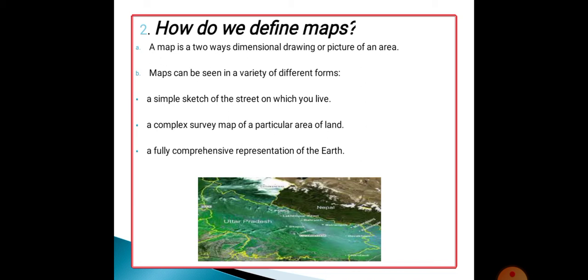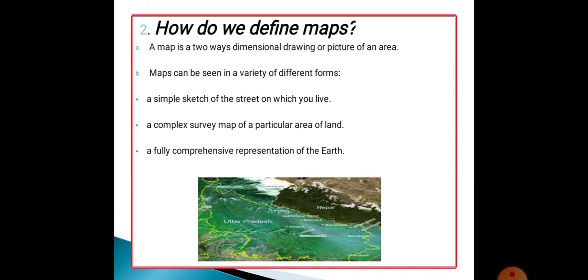Let's say if I stay in Yusufguda or Ameerpet, a simple sketch showing this is the place. Yeah, a complex survey map of a particular area of land. A particular area is there, let's say Hyderabad. It's a complex place, you do not know, so you draw a map to know the places, the locations, in order to reach a full comprehensive presentation of the earth.